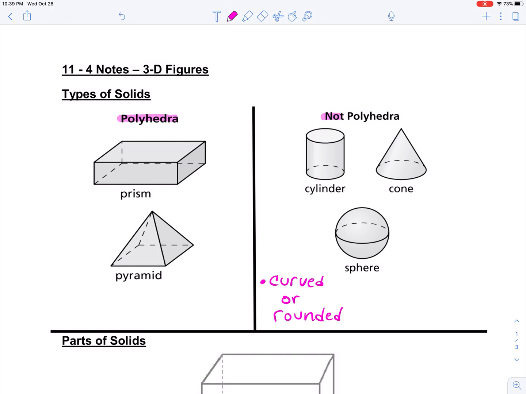Two different types of polyhedra, prisms and pyramids, are showing. Now, with the prism, you will see two bases. We'll talk about the one on the top and the one on the bottom. Those two bases are congruent and parallel.